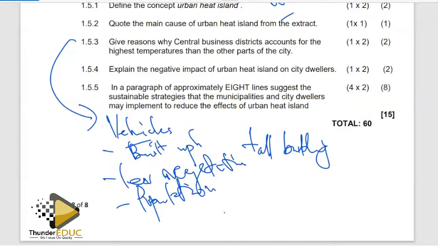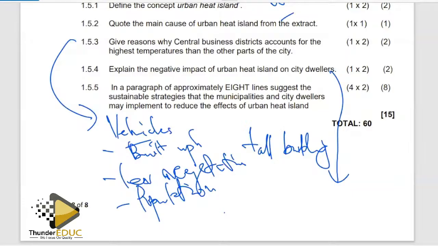Explain the negative impact of urban heat island on city dwellers. How are city dwellers affected by the higher temperatures? You look at how people are affected by the higher temperatures as they stay in the urban areas.